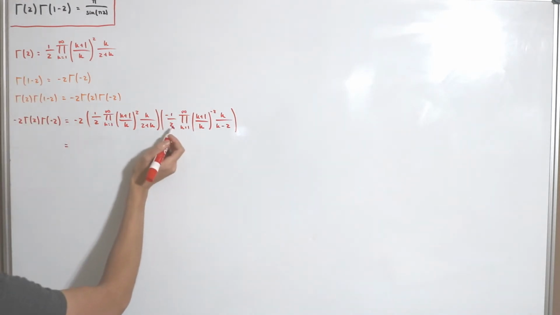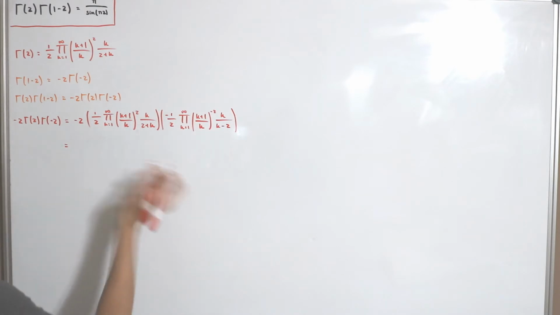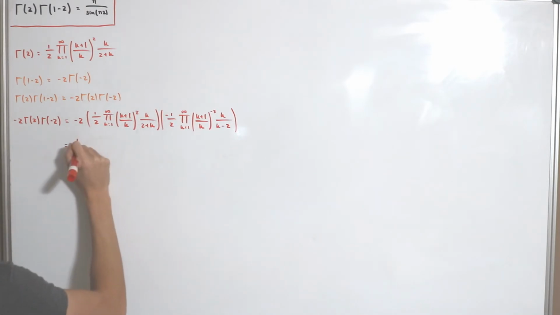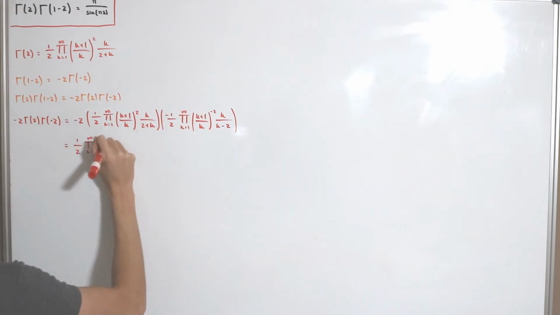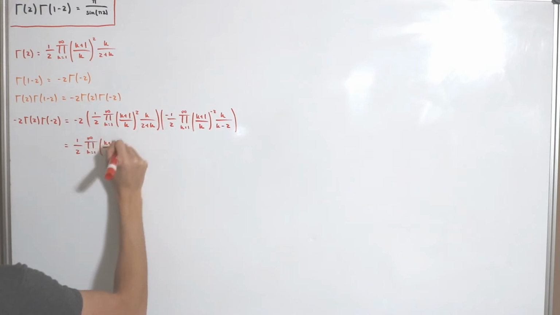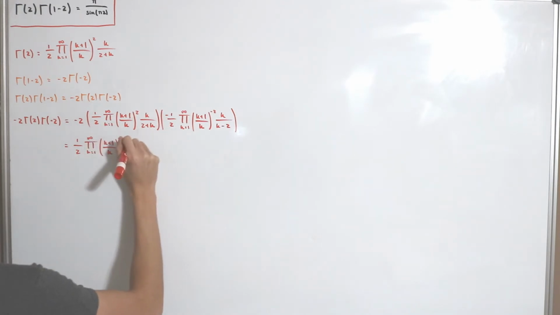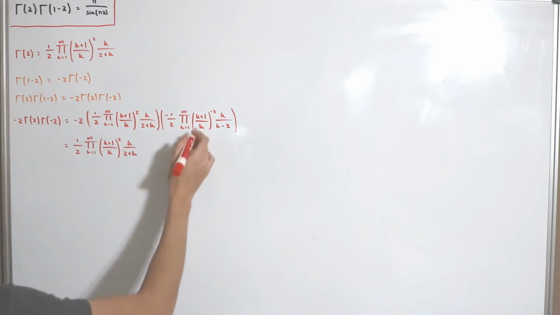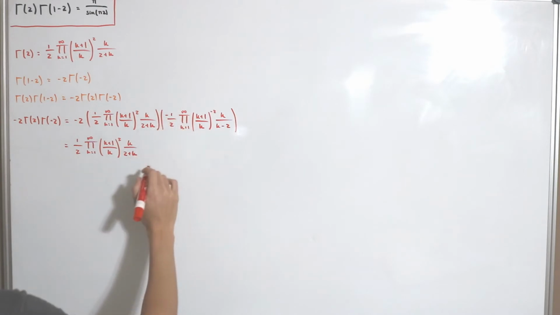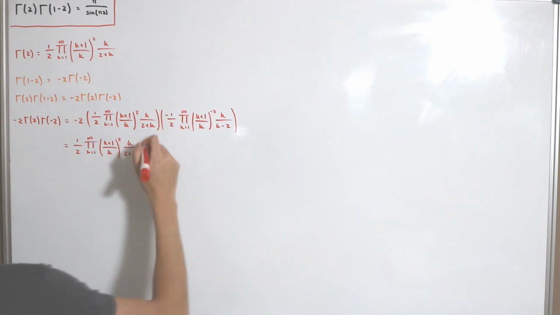Negative z multiplied by negative z is just 1, so I get 1 divided by z times the product over k from 1 to infinity of (k plus 1) divided by k z, and then k divided by z plus k, and then z over z, that's 1.